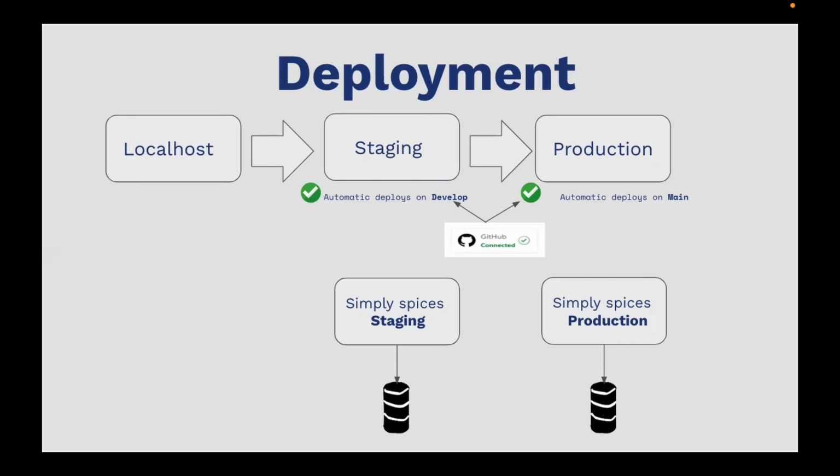In staging, we can see our application running remotely, and it can be tested by internal people. Then the production environment is the final version of our application, where it can be used by users. To implement this schema, we had 2 different branches, develop and main, where develop is automatically deployed on staging, and main is automatically deployed on production.